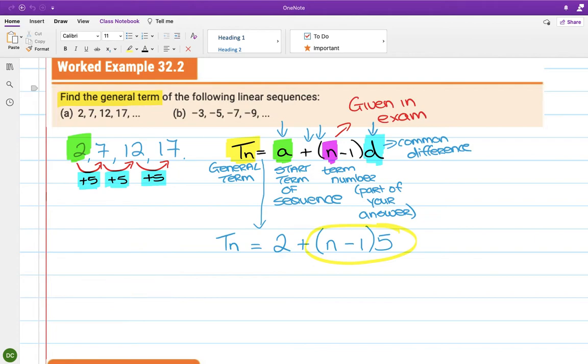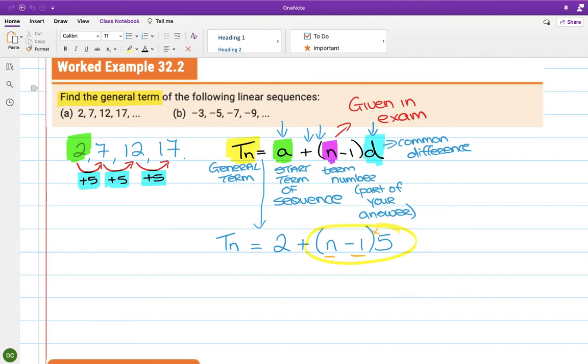Because the 5 is being multiplied by this bracket and there's 2 things in the bracket, you need to do 2 multiplications. Okay, so we're going to take the 5. Now, here you go with your first bit of algebra.